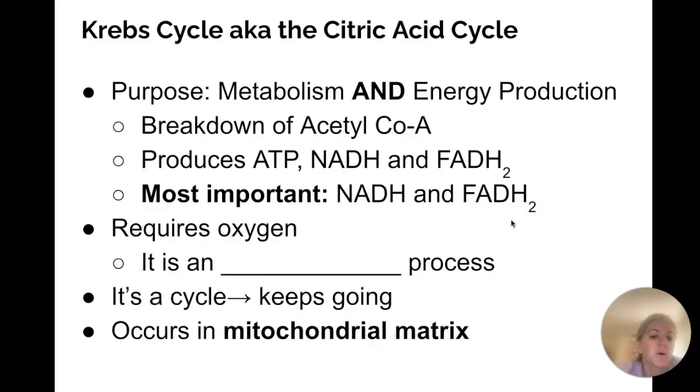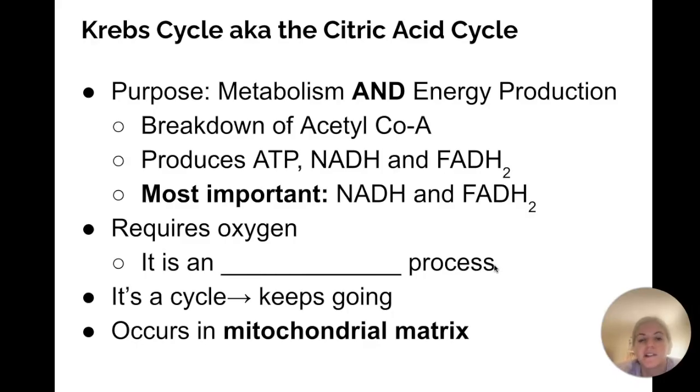This step requires oxygen. So that means that we're looking at an aerobic process. Now, what's interesting is you're not going to see oxygen used directly in this step, but this step goes right into the following step. So basically, once we're in the mitochondria, we finish out cellular respiration, and the final third step does require oxygen.